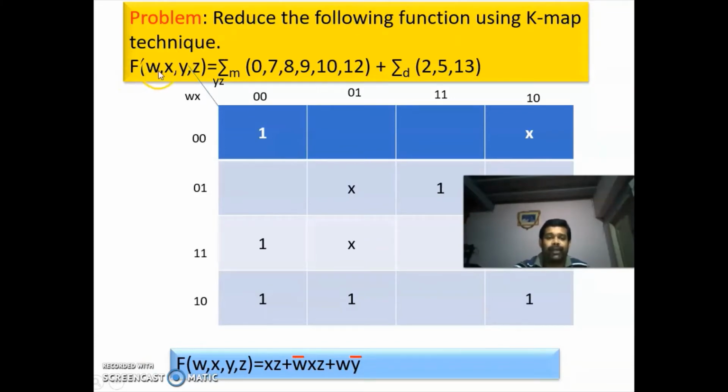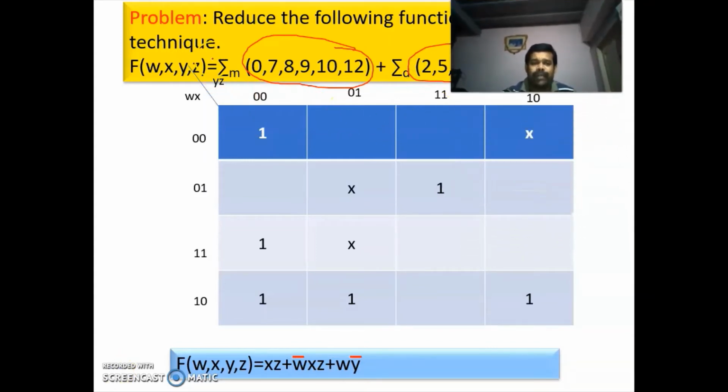F of w, x, y, z is equal to summation of m 0, 7, 8, 9, 10, 12 plus don't care of 2, 5, 13. Here these are the min terms and these are the don't cares.